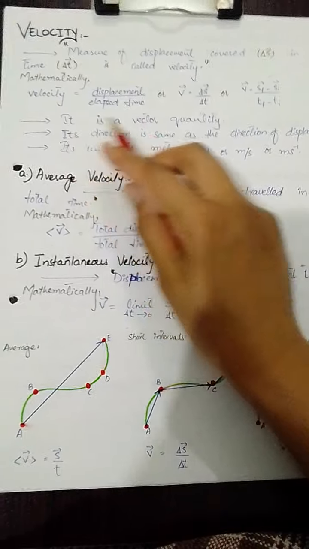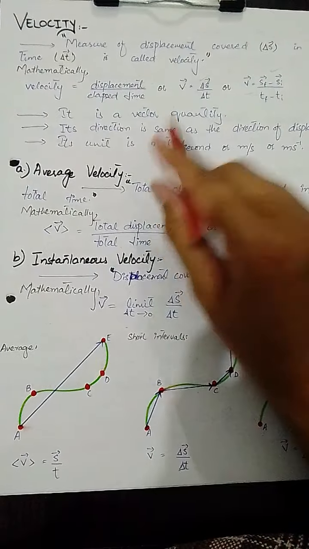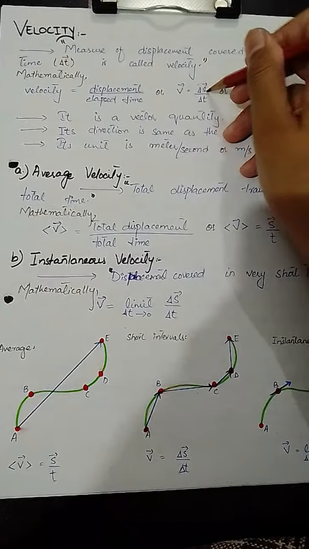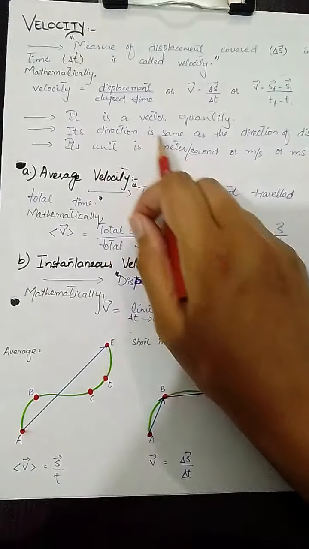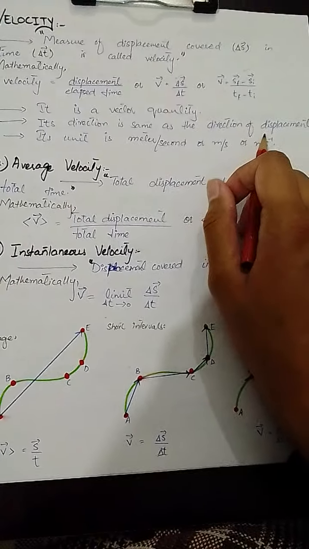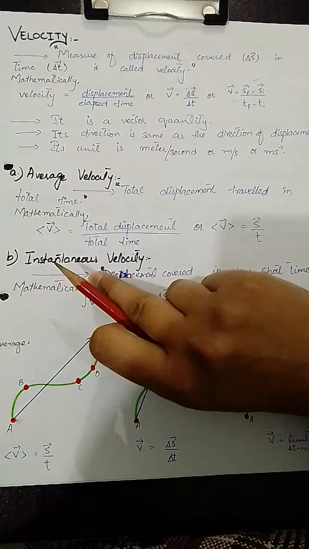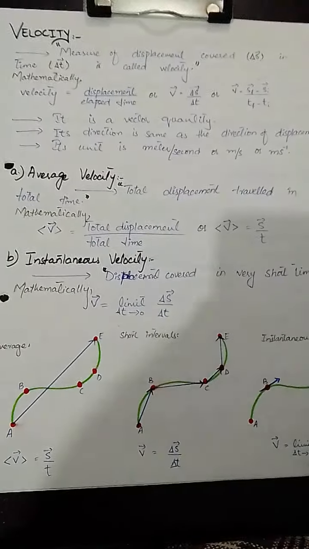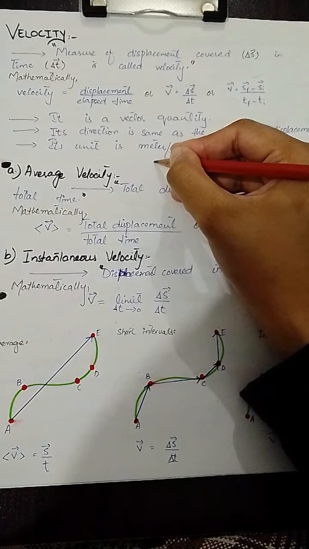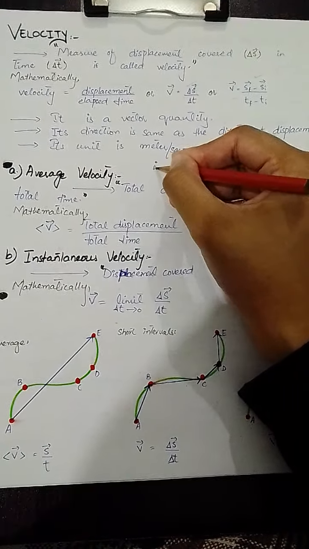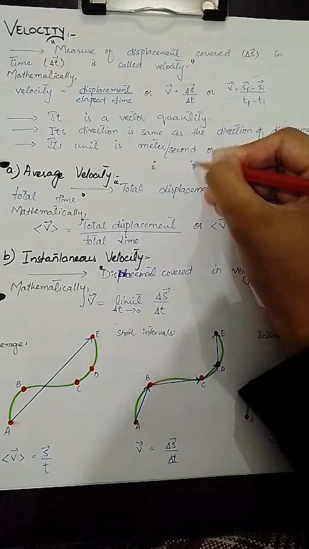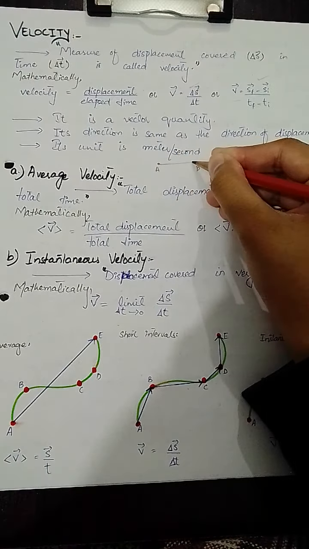So first of all, velocity is a vector quantity because displacement is a vector quantity. Its direction is same as the direction of displacement. Remember that जिस direction में आपकी body displace हो रही है उसी direction में velocity भी होगी. For example, I have 2 points, point A and point B. Let's suppose this is displacement.